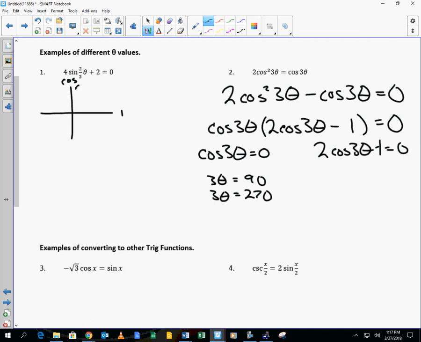It's equal to 0 at 90 degrees. It's equal to negative 1 at 180. It's equal to 0 at 270, and then 1 at 360. In order to solve them, we divide by 3. And so we get theta is equal to 30 degrees and 90 degrees.